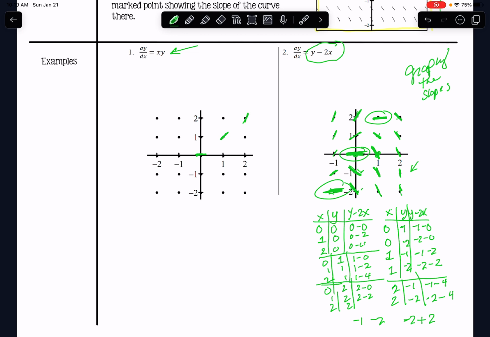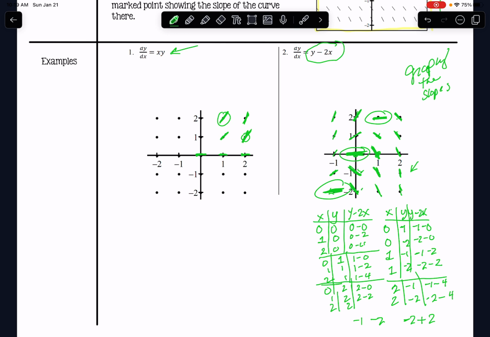This is 1 times 0, so these will all be zeros, right? And then right here, I have 2 times 1, so that's a slope of 2. And right here, 1 times 2 is 2. So those two are parallel.